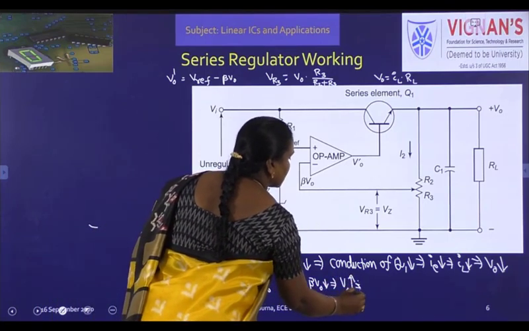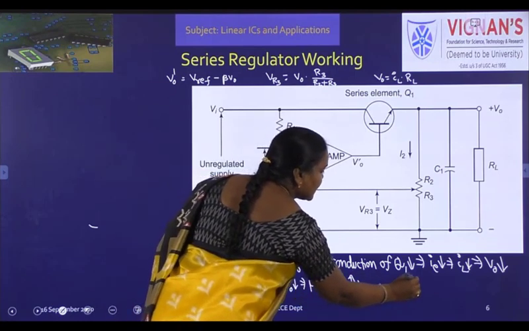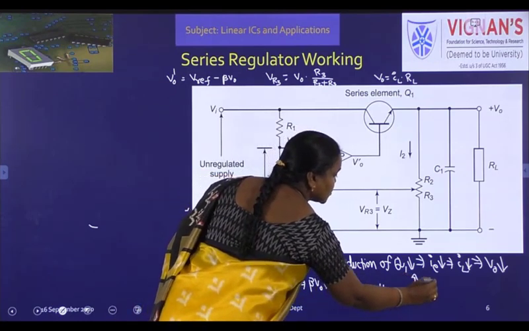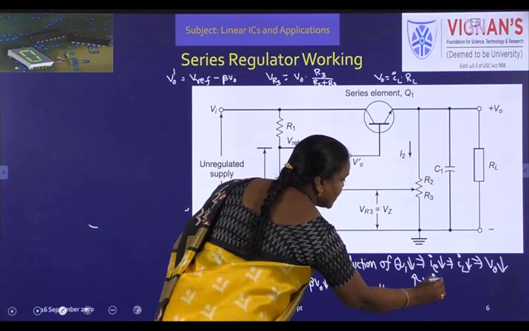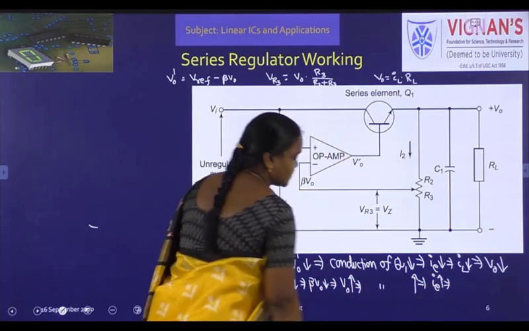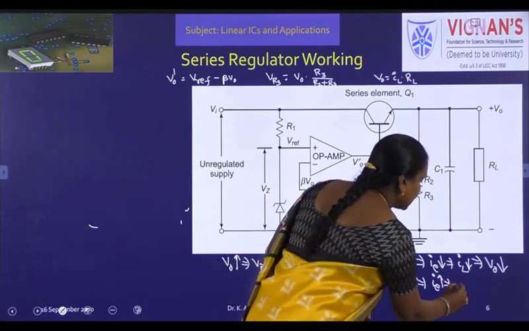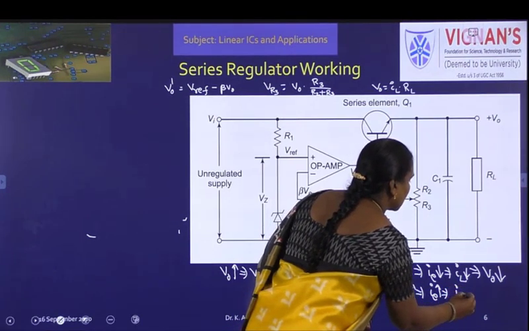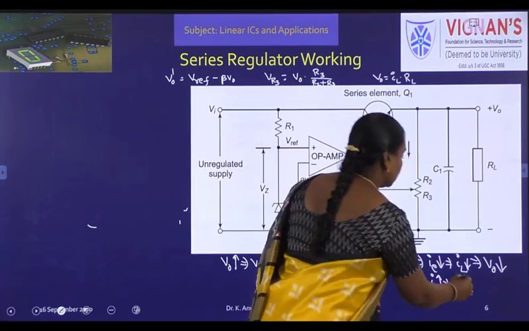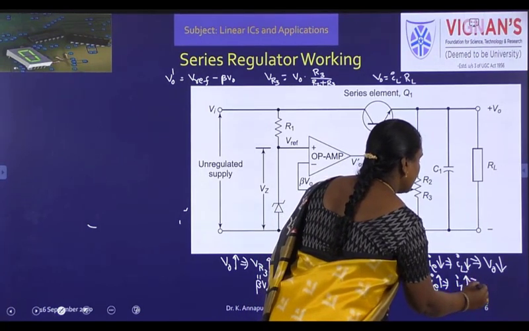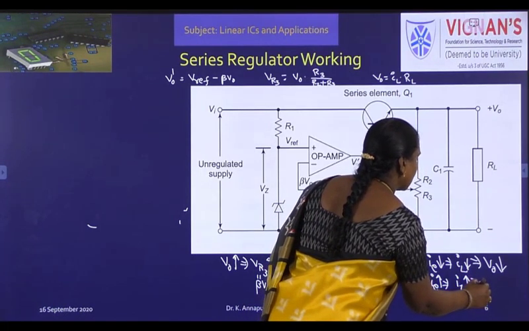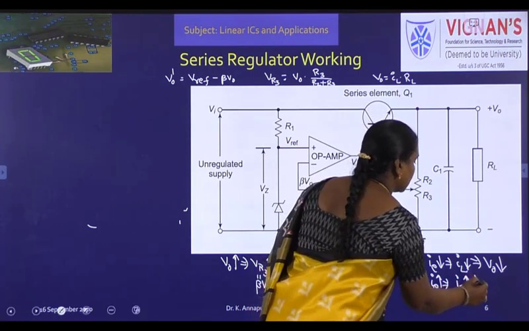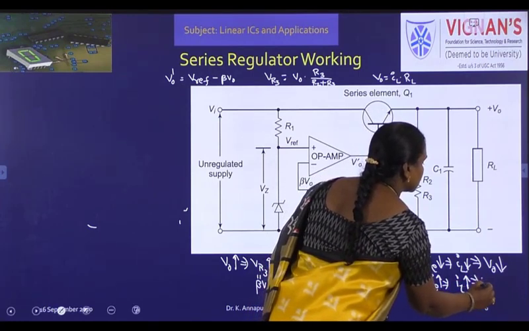So conduction of Q1 will increase. So IE will increase, so IL will increase, and V0 will increase.